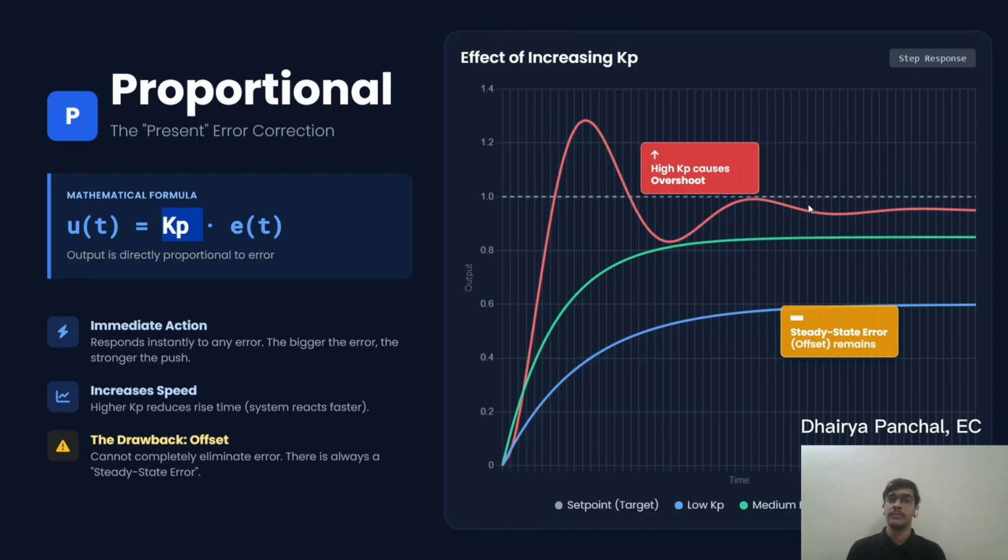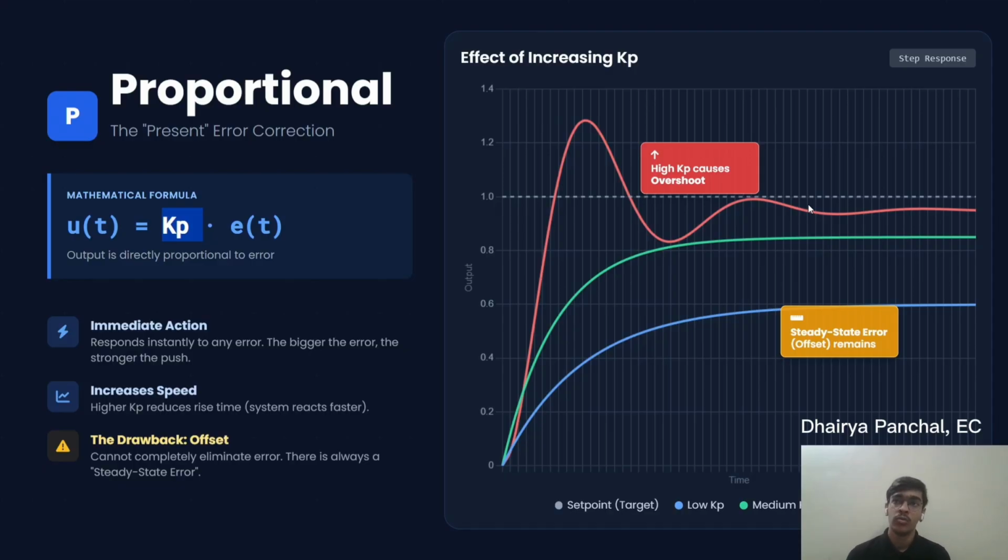So this sort of system is said to have a steady state error remaining. That means at t tends to infinity, your system hasn't reached 1, or hasn't reached your set point value. So that is the limitation of the proportional controller, the P controller, that your steady state error would always remain. No matter how high your Kp value is, your system would never reach your set point value.